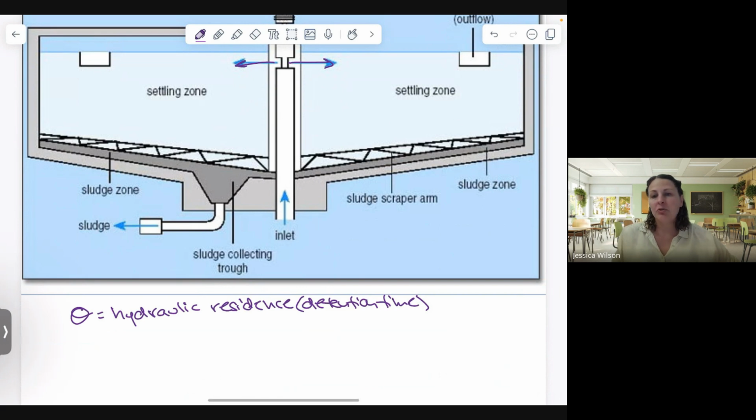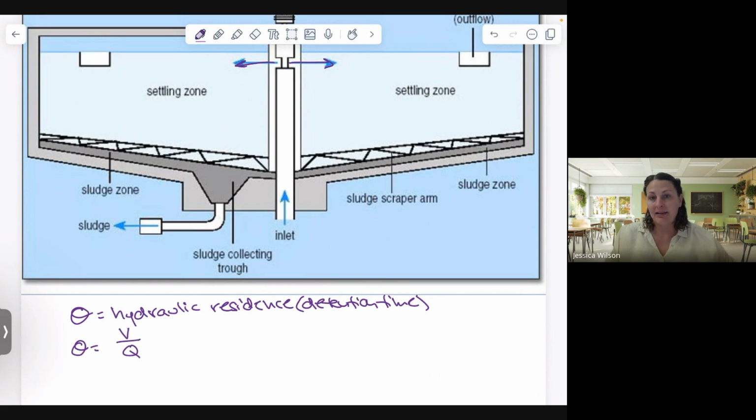Okay, usually a couple of hours. Okay, and this hydraulic residence time is equal to the volume of the tank divided by the flow. Okay, so we set that hydraulic residence time to be long enough so that these particles will settle.